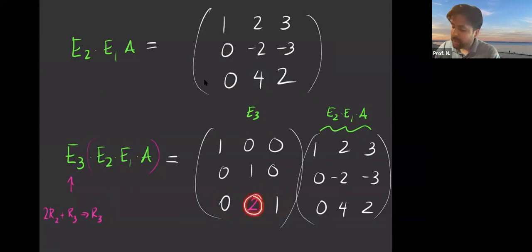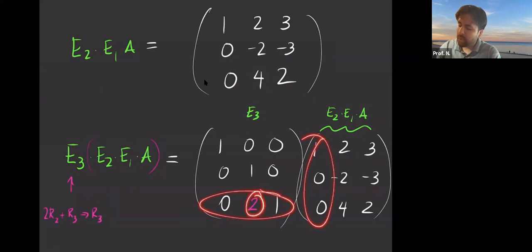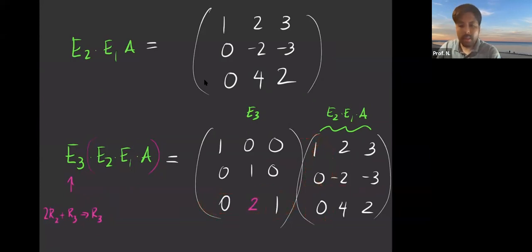This 2 is only associated with the entries in the second row, and this 1 here is associated with the entries in the third row. Because of the way matrix multiplication works, you're taking double the second row and adding it to the third row and making that my new third row.